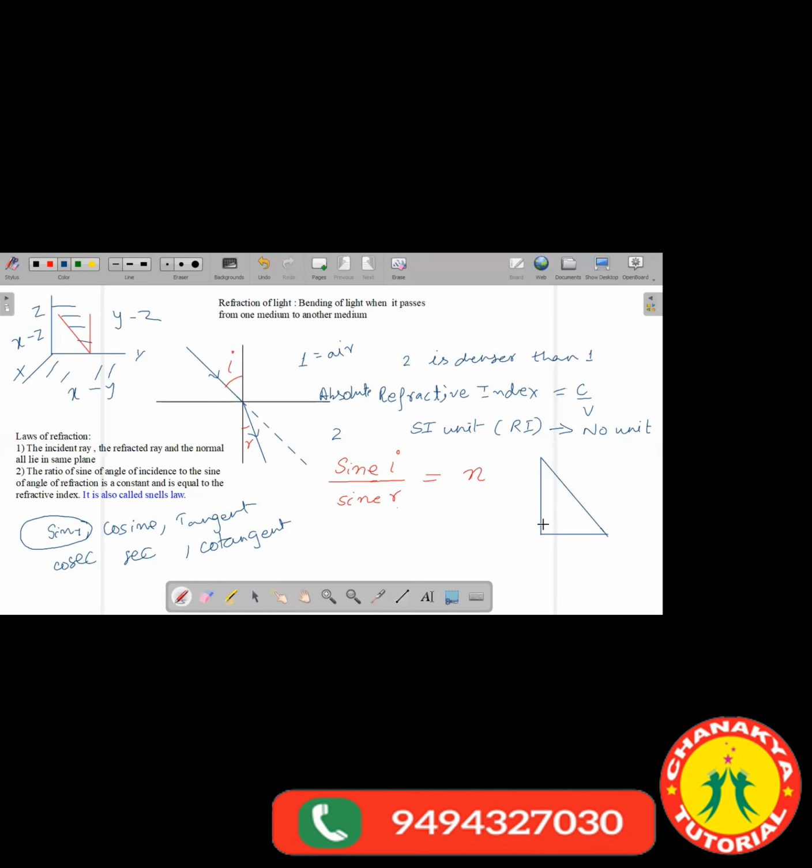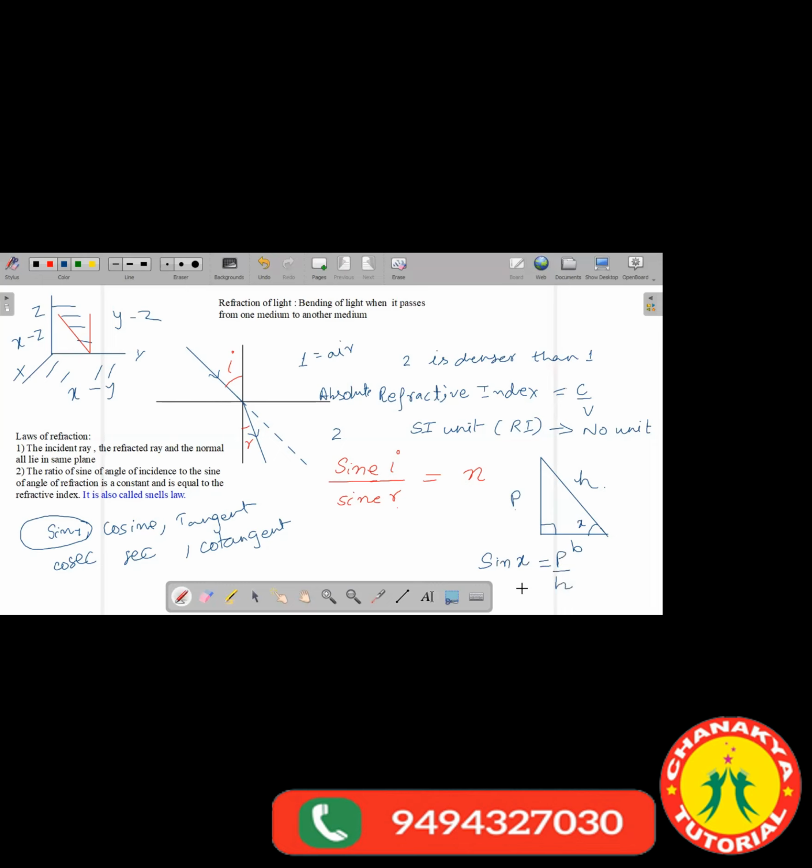There is some speciality in the right angle triangle that for a given angle, suppose this is a given angle x, this will be the perpendicular, this side will be the base, and this side will be the hypotenuse. For this given angle, the ratio of perpendicular and hypotenuse will be equal to sine. So sine of angle x will be equal to perpendicular over hypotenuse.